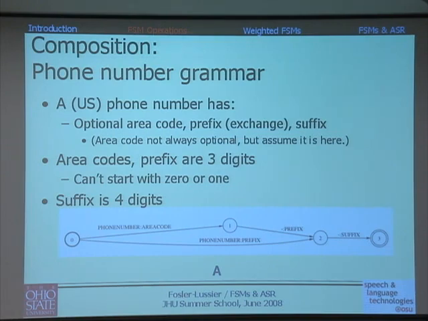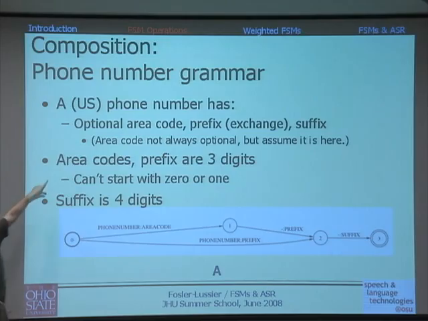So, for example, if you're in a less benighted part of the country, apart from Baltimore, where area codes are mandatory, area codes are optional, and then you might have a prefix and a suffix, right? But underlyingly, they all have digits, right? So imagine an application where I'm trying to get somebody to recognize a telephone number, right? Somebody has spoken it in, I need a grammar for that.